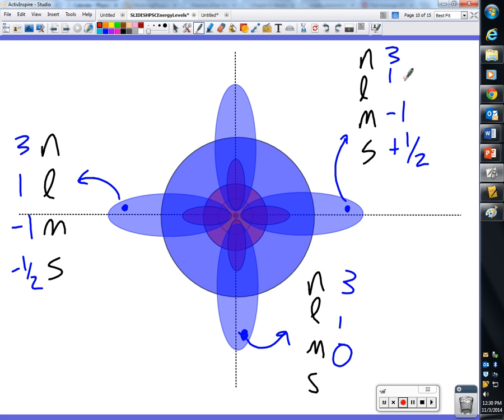Now, what we're going to get into today is that these quantum numbers, an address describing a space, are like an address on a house. It describes a space. The house has an address whether people are there or not.